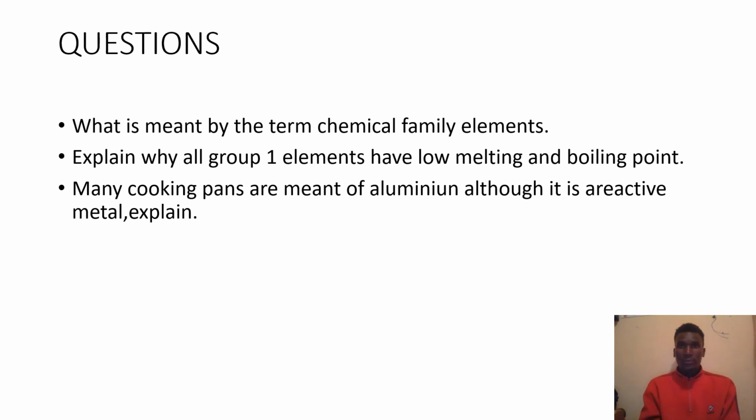We are going to move on to them in our next discussion, but for today we have been looking at the alkali metals. Alkali metals react with the halogens to form ionic compounds. For instance, sodium reacts with chlorine to form sodium chloride.